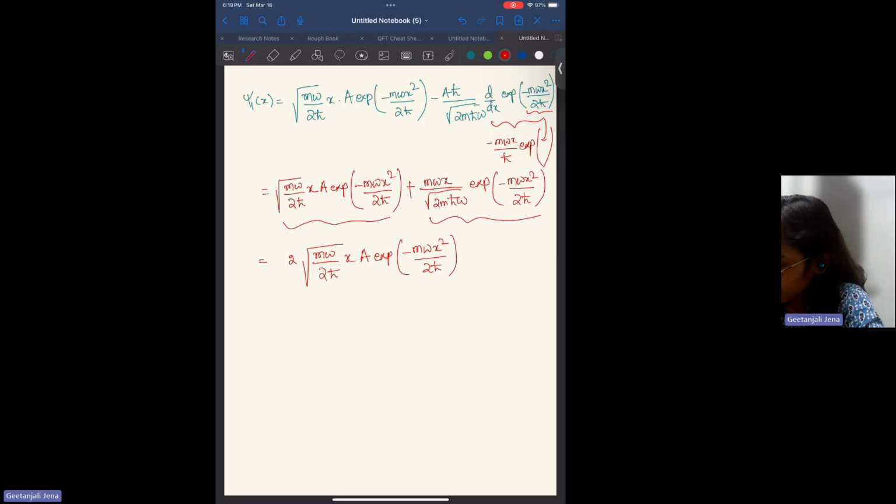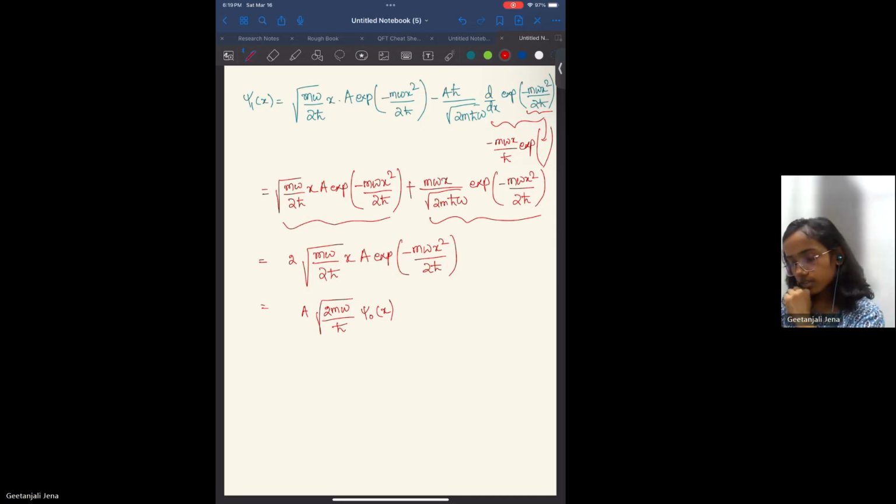So the final is A root over of 2 m omega h cut, and this is psi 0. So this is the expression for the position representation of the first excited state.